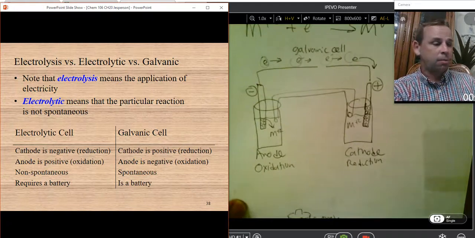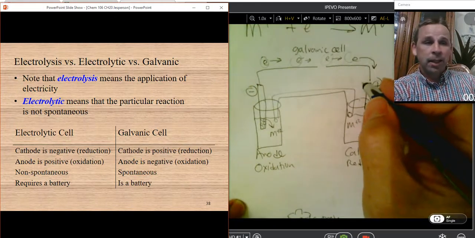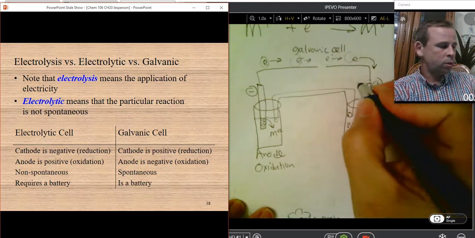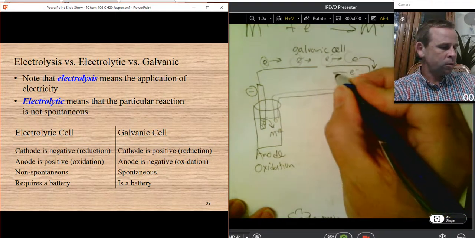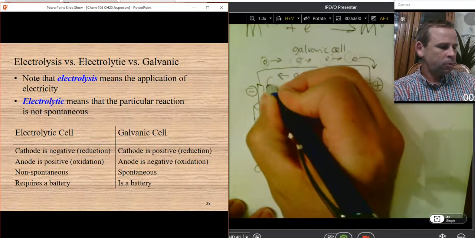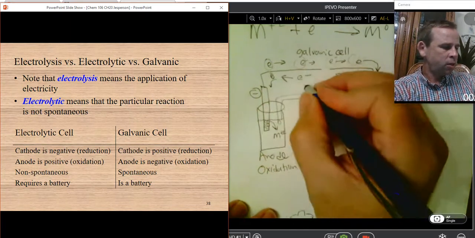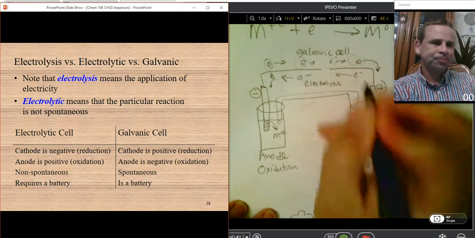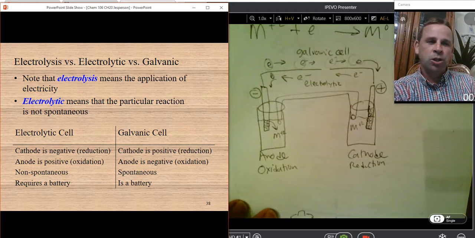Charging a battery is an example of running a cell electrolytically. You are pushing electrons to go the opposite direction. So in an electrolytic cell, electrons travel from cathode to anode. So this is electrolytic, or charging of the battery.